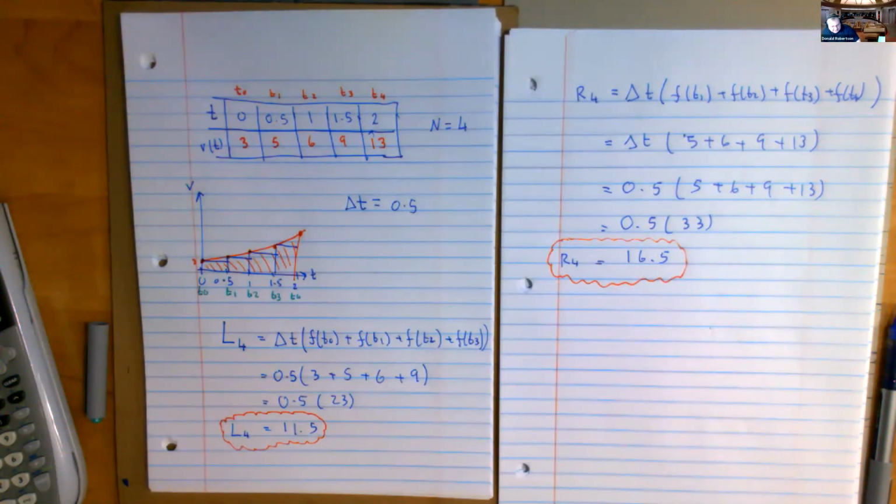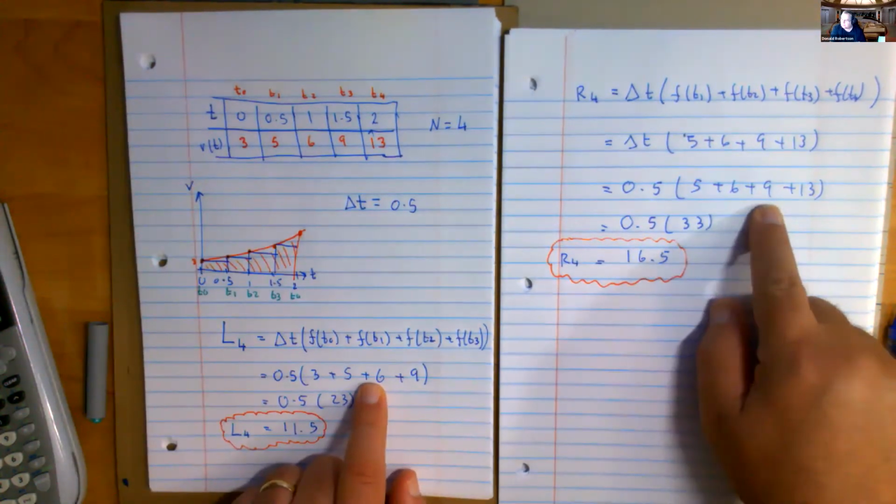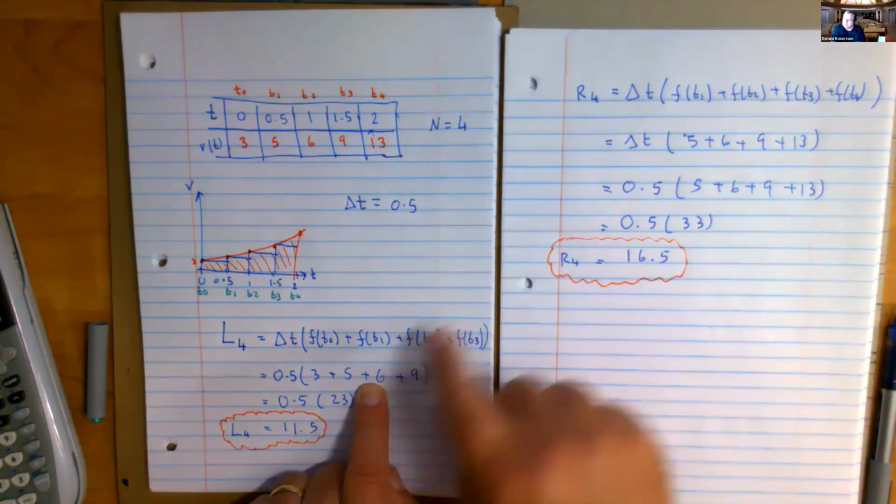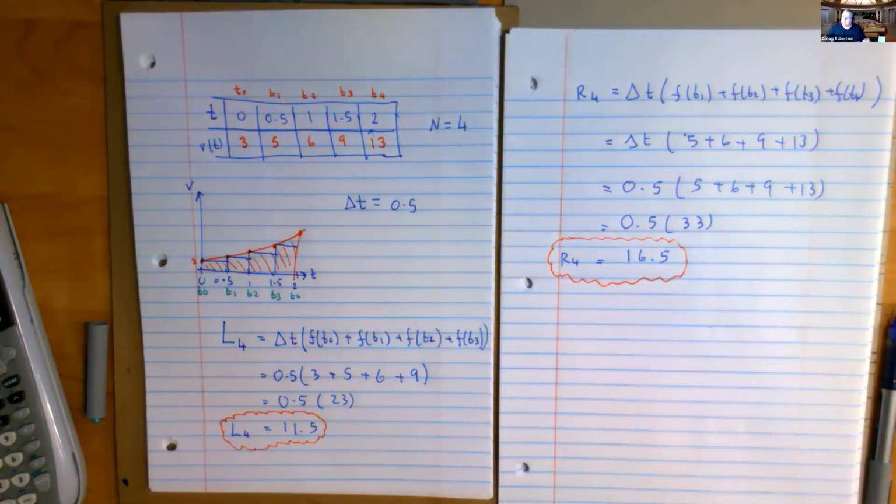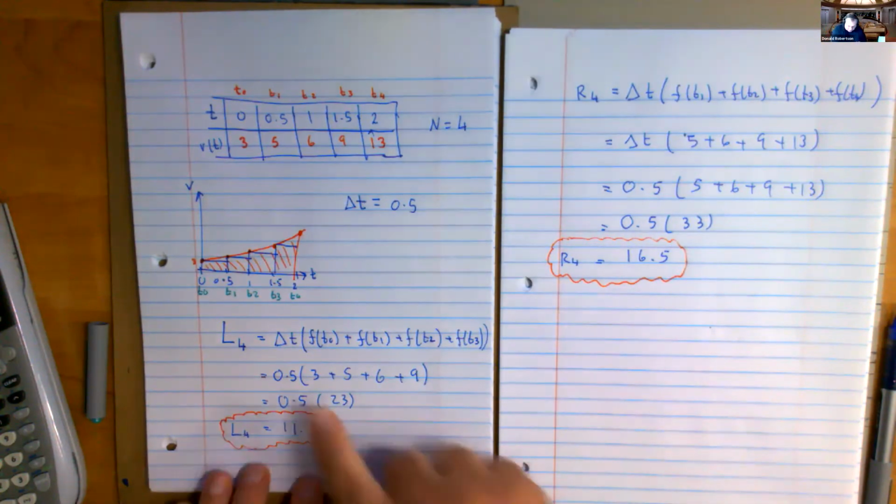Now, here's another thing. If the table's small, it's quite easy just to do these without looking at a connection. But imagine it was a table with 20 numbers in it, or 21 numbers more likely. If I wanted to do left 20, I'd have to do it the hard way.